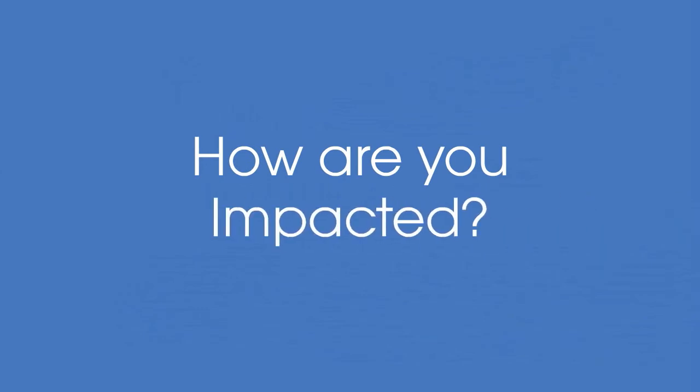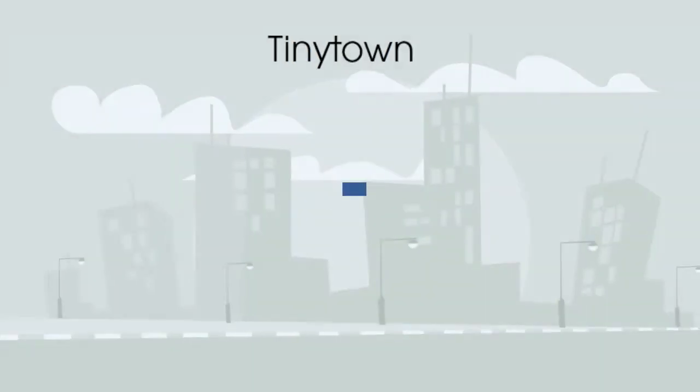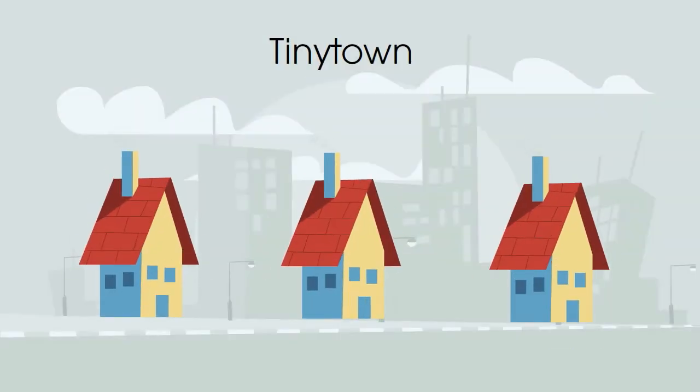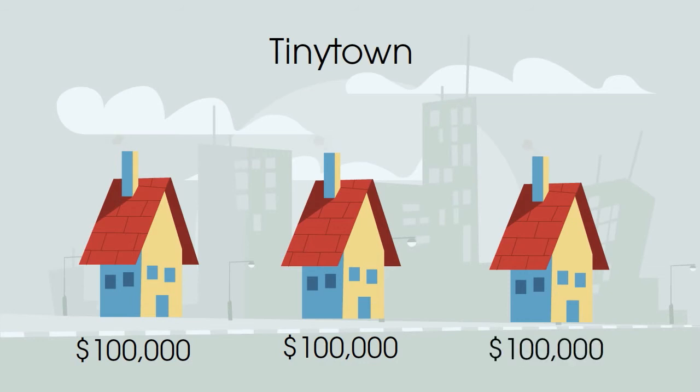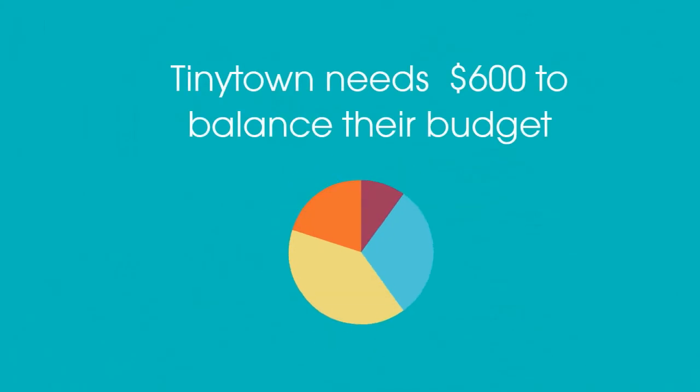Here is an example of how changes to assessed values can impact the property taxes you pay. Let's say the city of Tiny Town only has 3 homes, and each home is assessed at $100,000. The total taxes needed to balance the town's budget is $600.